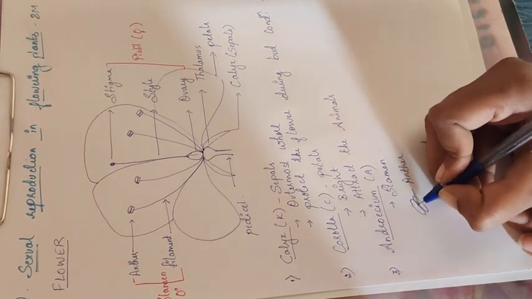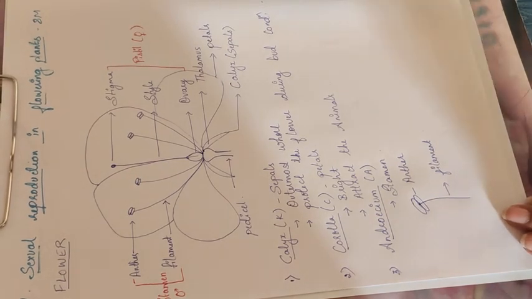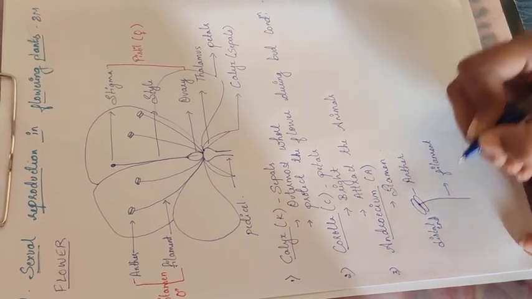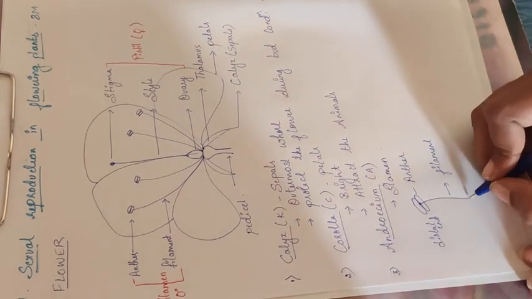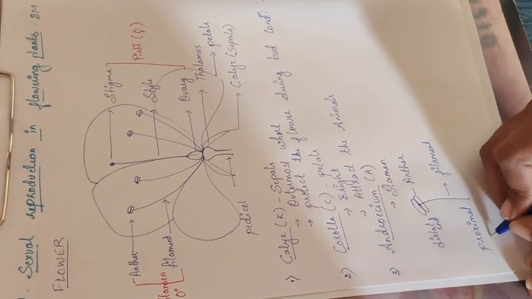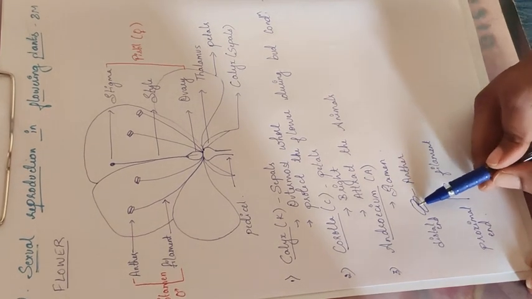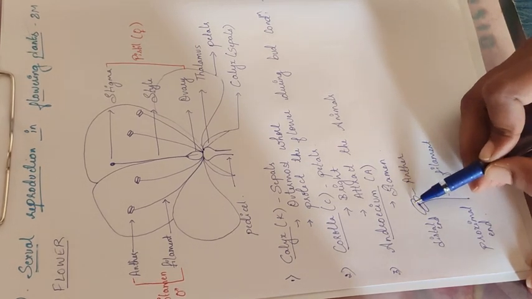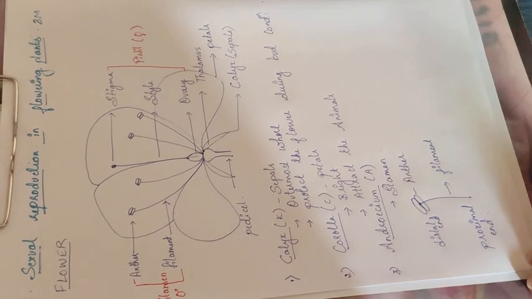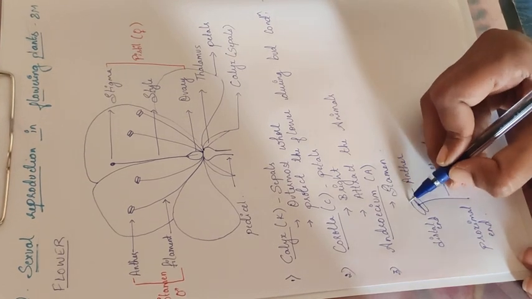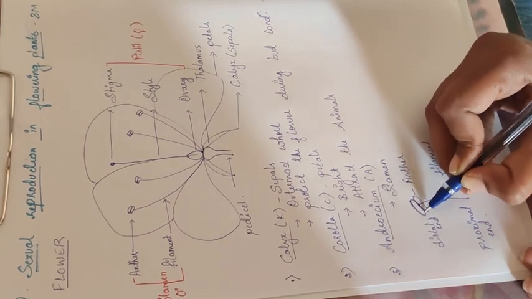This portion of the filament which is attached to the anther is referred to as the distal end, and the other side which is attached to the flower, this side you call the proximal end of the filament. And here you can see a bilobed structure of the anther. Anther here is bilobed, meaning it is having two lobes. You can see one lobe here and a second lobe here.